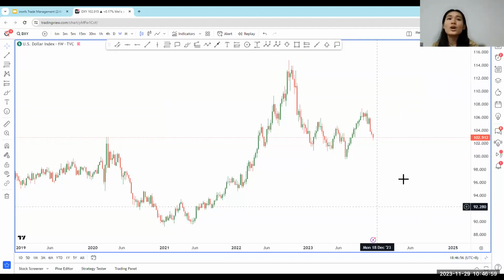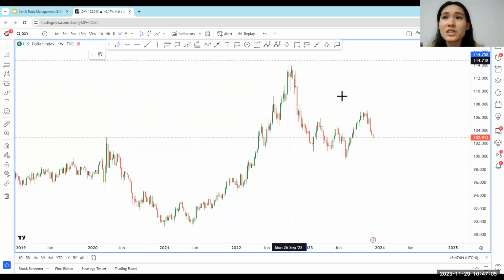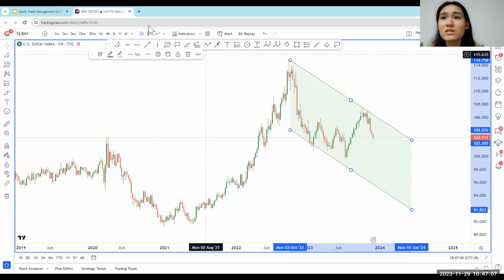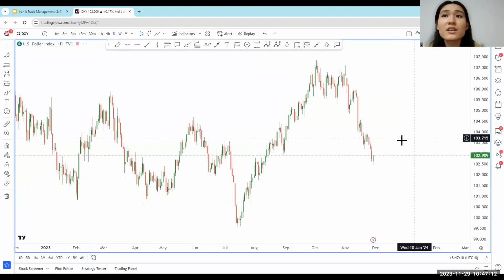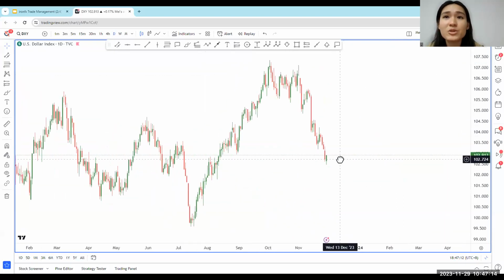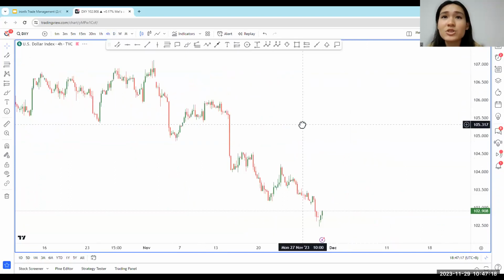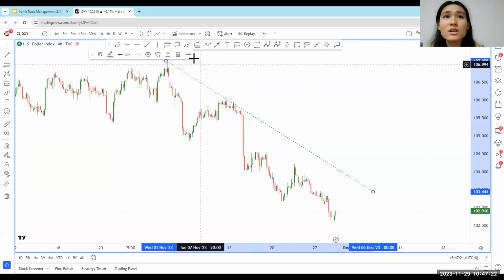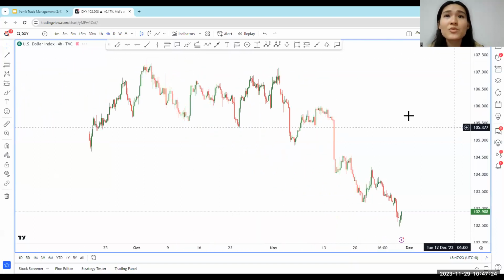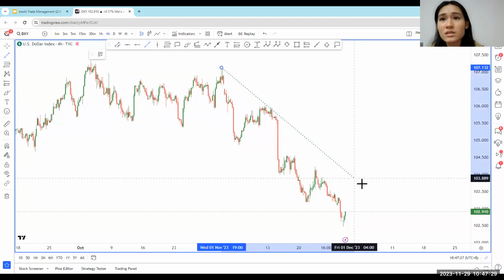On our DXY, we see prices dropping. I think we have a descending trend channel here as well, but you can definitely see a downtrend here on our daily time frame. On our 4-hour time frame, we don't have any trend lines or trend channels, I think.